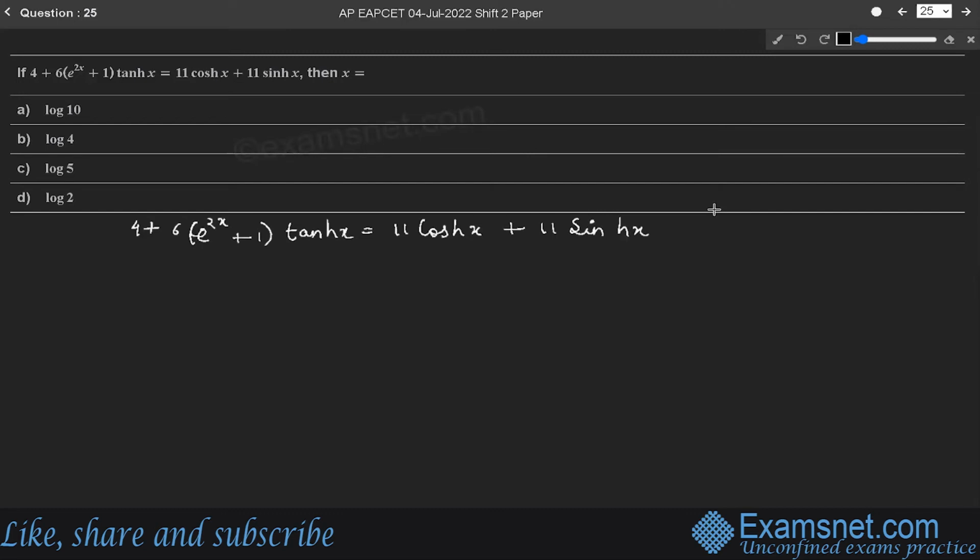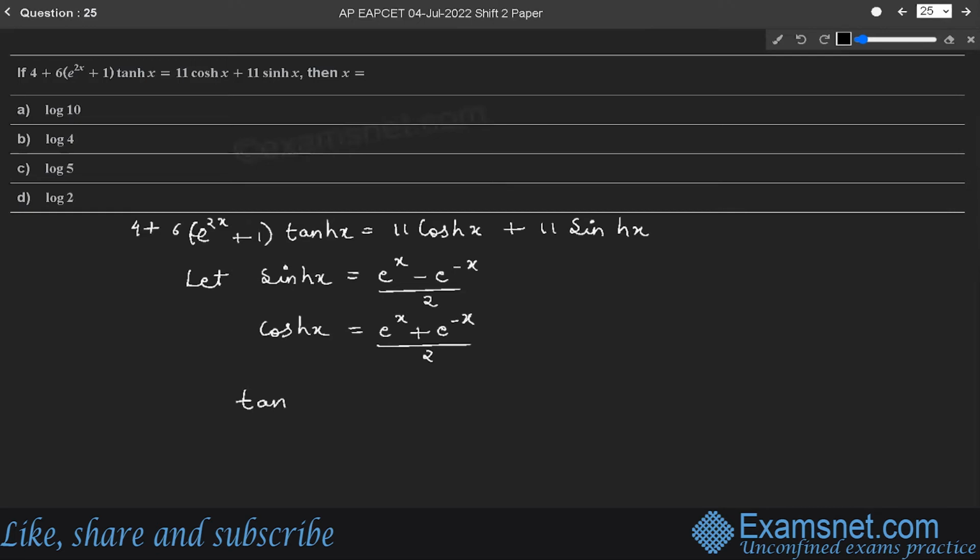We have to find the value for x here. So here, let sin hx be equal to e to the power x minus e to the power minus x upon 2. And let cos hx be equal to e to the power x plus e to the power minus x divided by 2.